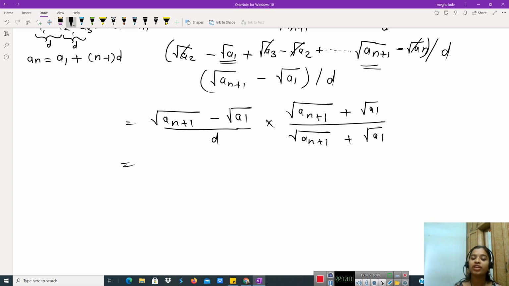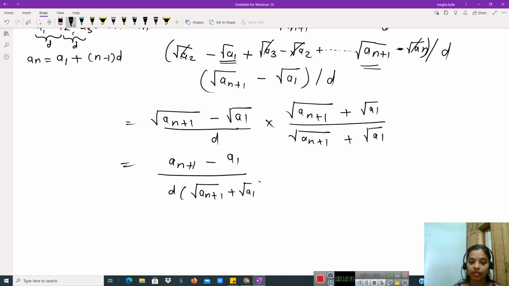Now this is again the format of (x minus y) into (x plus y), so the answer will be x square minus y square. So it is a_(n+1) minus a1 upon d into square root of a_(n+1) plus square root of a1.